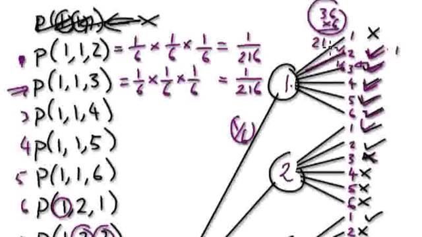If you do this bit, it's actually this. I know that all these will actually be the same, 1 over 216. Here it would be a 6th times a 6th times a 6th again.